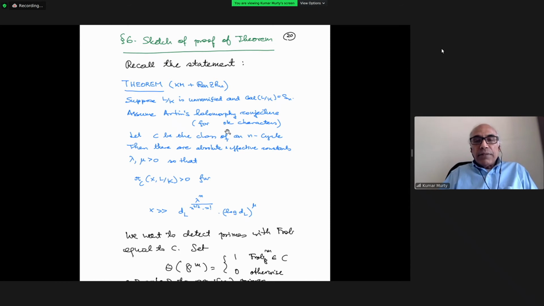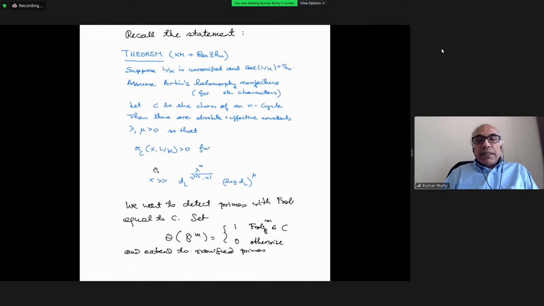Now you know what those are. And suppose you take the class of an n-cycle. Then there are absolute and effective constants lambda, mu, so that you can find a prime in the conjugacy class C, as long as you go beyond this power.